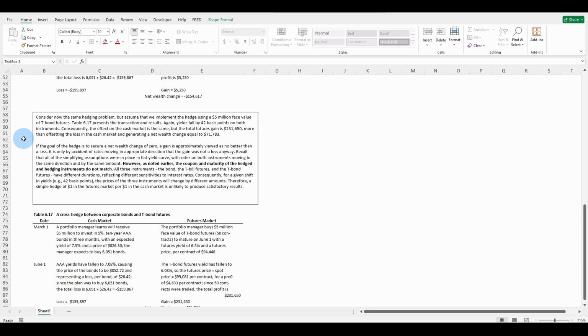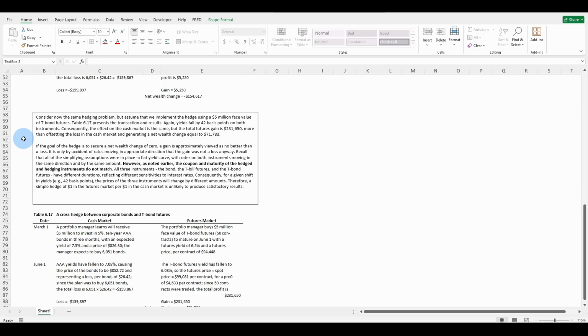A gain is approximately viewed as no better than a loss. It is only by accident of rates moving in appropriate directions that the gain was not a loss anyway. Recall that all of these simplifying assumptions were in place: a flat yield curve with rates on both instruments moving in the same direction and by the same amount. However, as noted earlier, the coupon and maturity of the hedged and hedging instruments do not match.